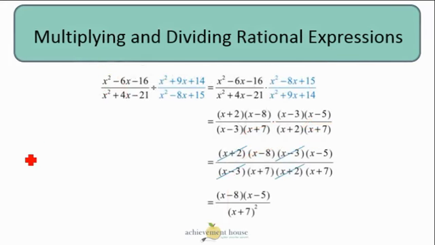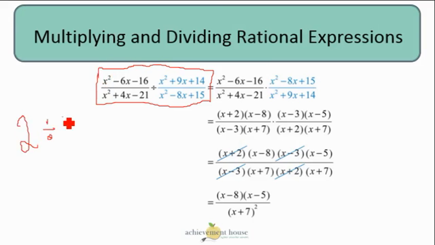Now, I mentioned this earlier in the video. What do we do when we divide? We look back and try to remember our fraction rules. When we divide something, for example, 2 divided by 2, we use a process that we call same, change, flip.